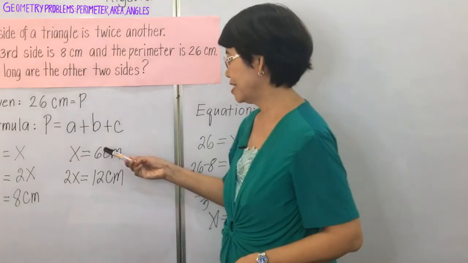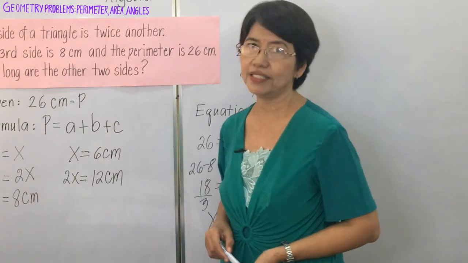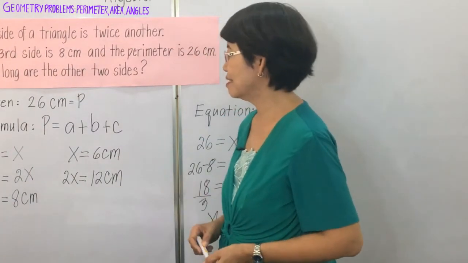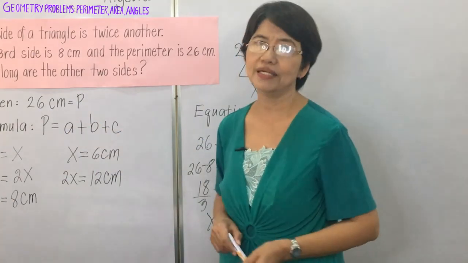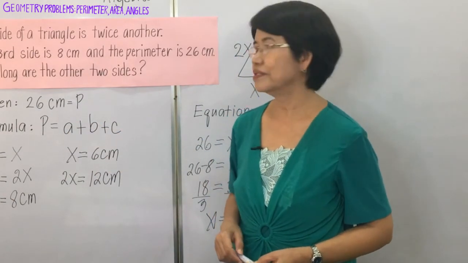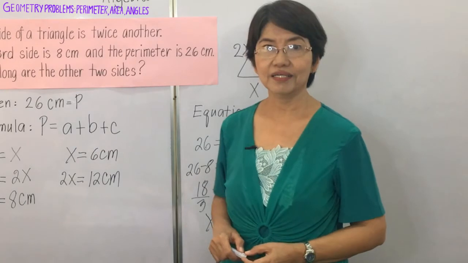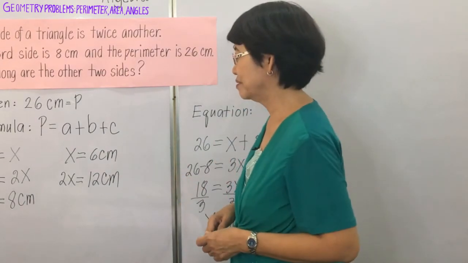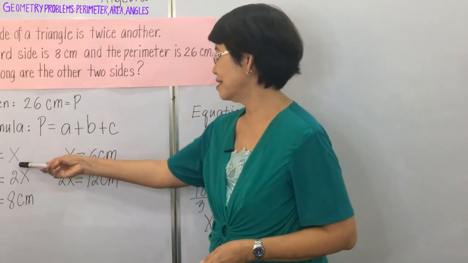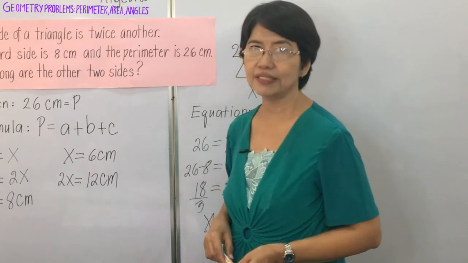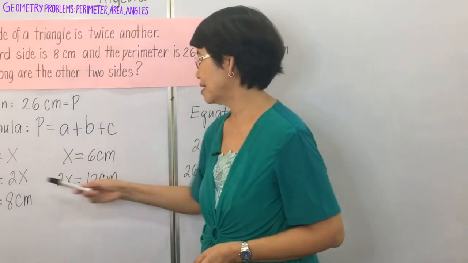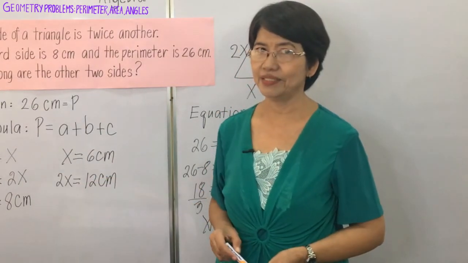So 6 plus 12, 18, plus 8 is equal to 26 centimeters. So that gives us the correct values. So therefore, A is equal to 6 centimeters and B is equal to 12 centimeters.